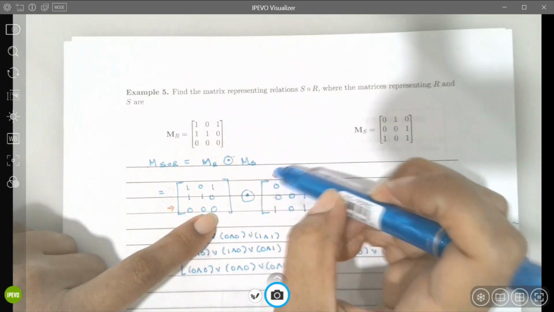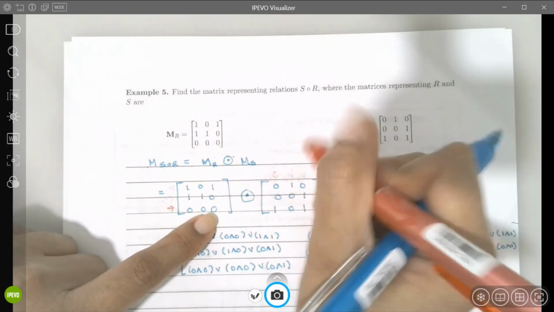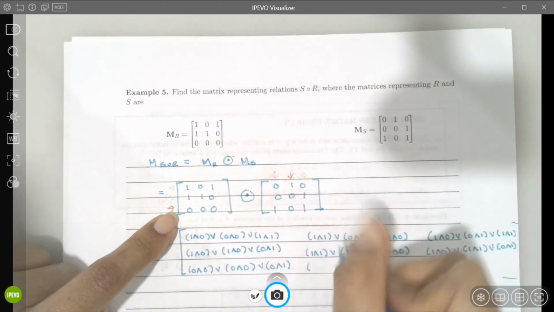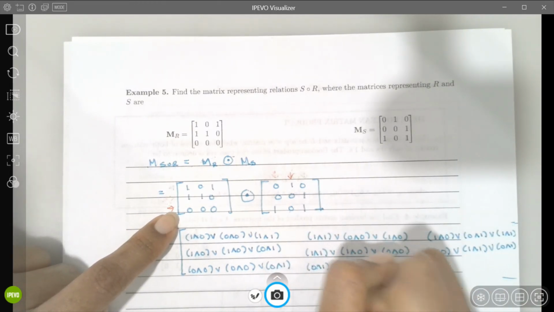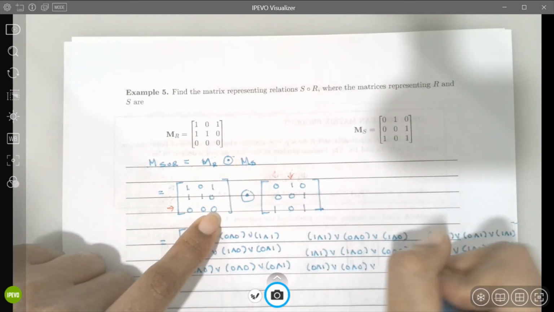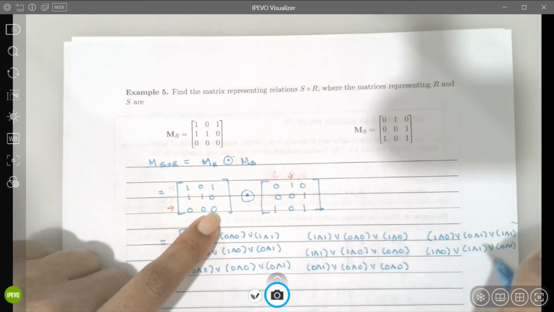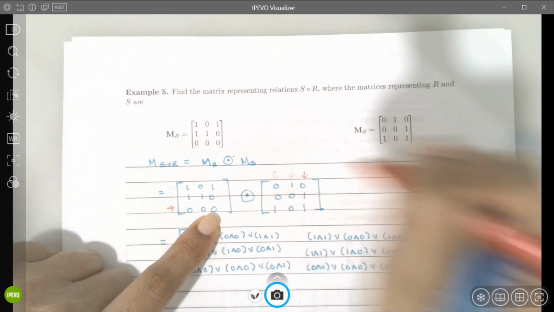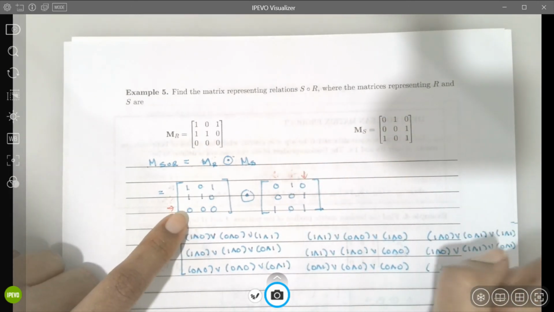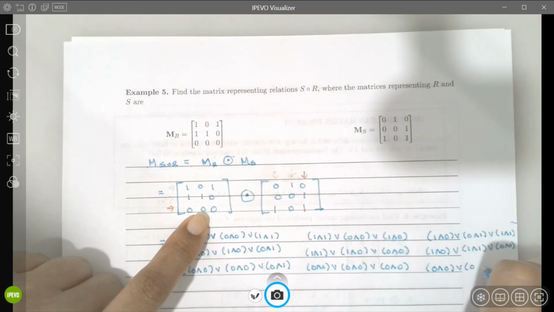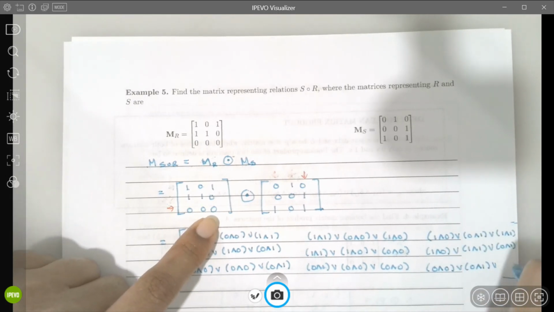Then next column, we have 0 and 1, or 0 and 0, or 0 and 0. And last column, we'll have a 0 and 0, or 0 and 1, or 0 and 1.